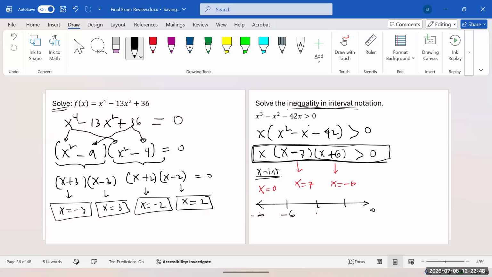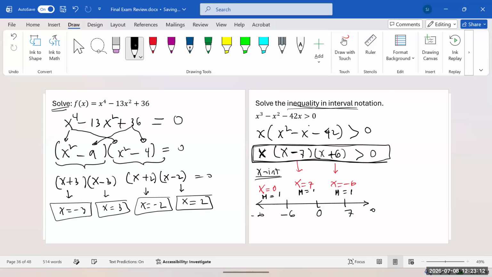Negative 6, then 0, then 7. Now, all of these: x equals 0 has multiplicity what? 1. X equals 7 has multiplicity what? 1. X equals negative 6 has multiplicity what? 1. So all of these are odd numbers.